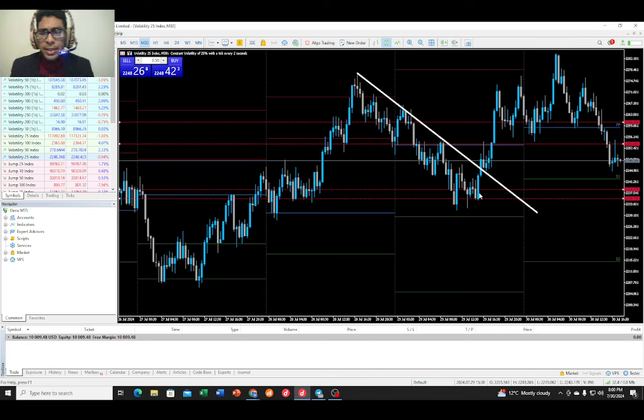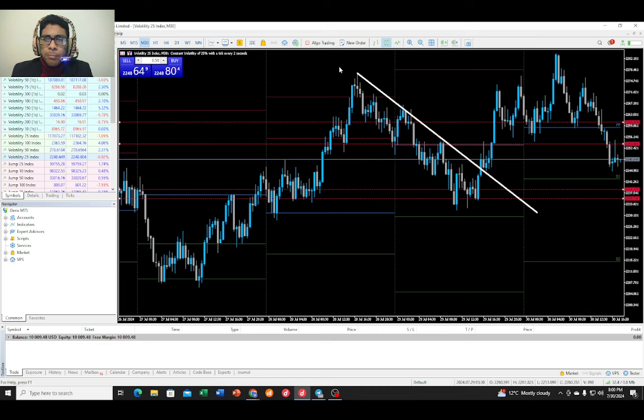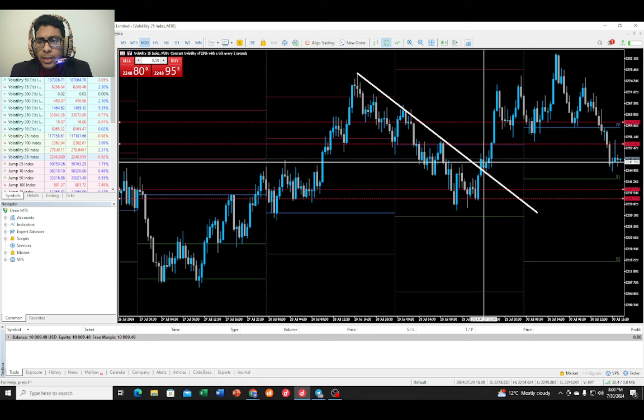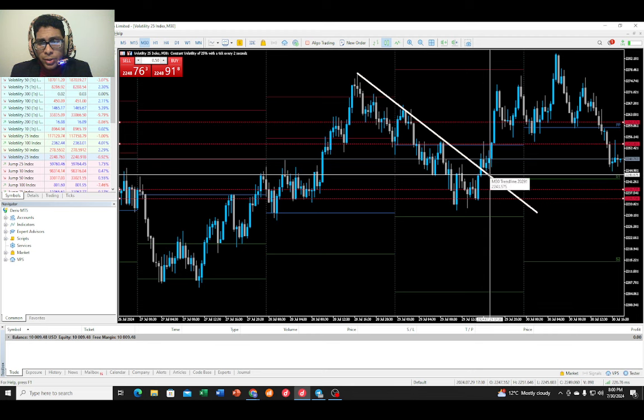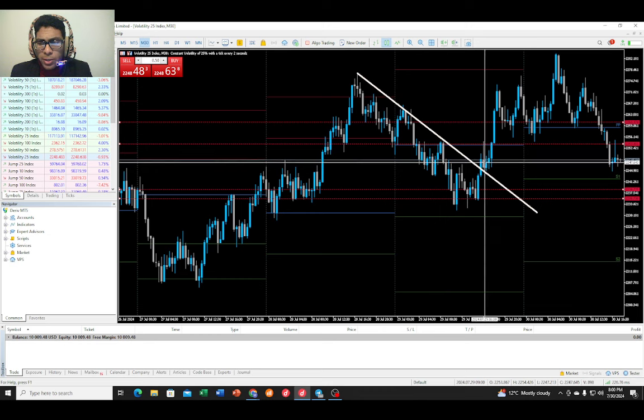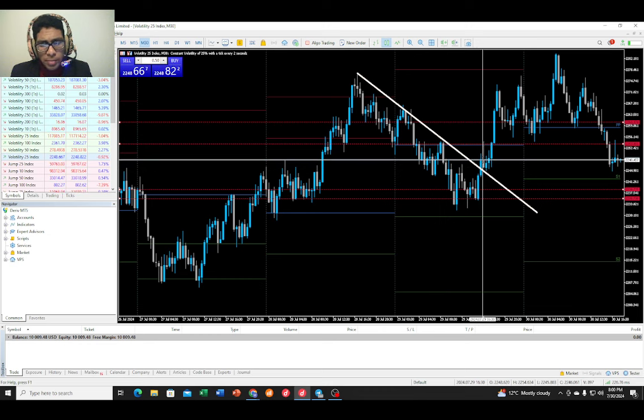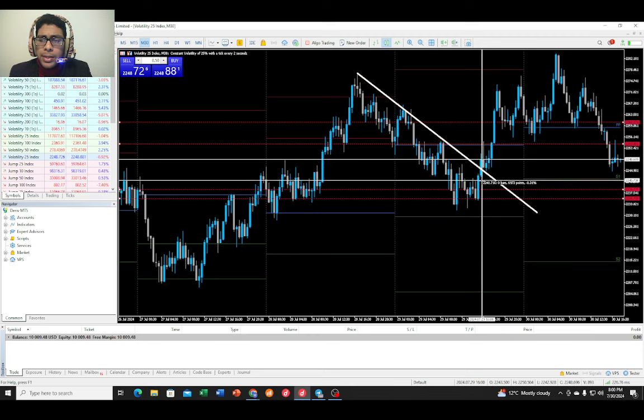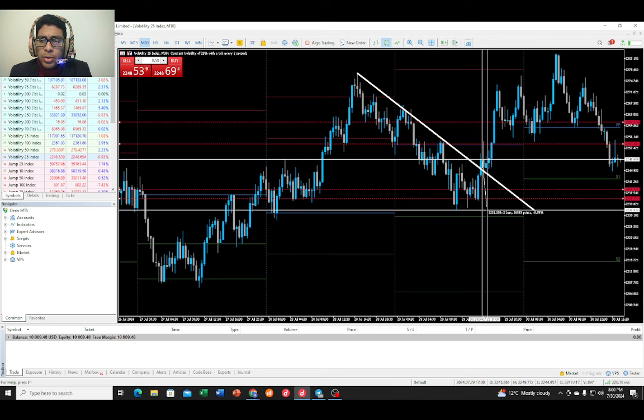So as you can see, we had quite a nice run all the way up, which was quite fantastic. Your entry in this regard would have been the break of this trend line, indicating that we have now shifted structure to a bullish market. We're no longer bearish, and your stop loss would have been at the low that was created.